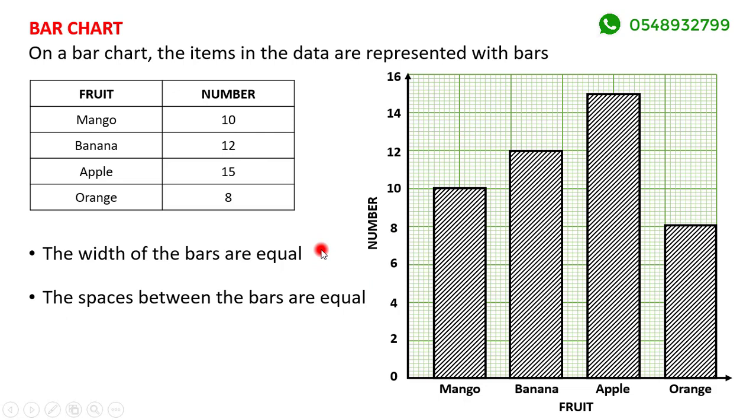We have also seen that usually in an examination, you will be asked to draw the bar chart on a graph sheet, which means that you have to choose a scale for the graph. So if the question does not give you a scale, you have to choose an appropriate scale for the graph. Another thing we have learned is that on a bar chart, the width of the bars are equal and the spaces between the bars are also equal.